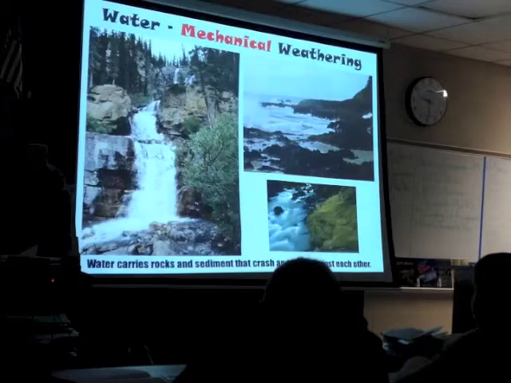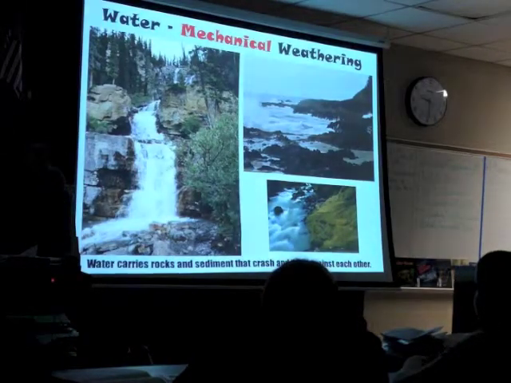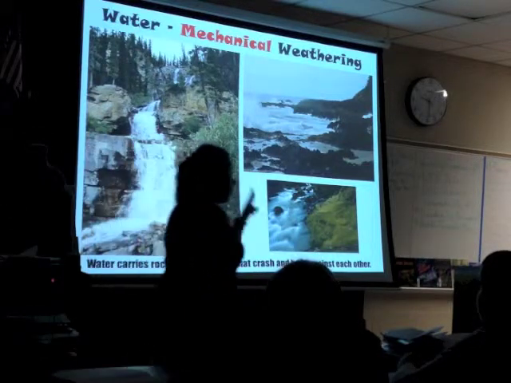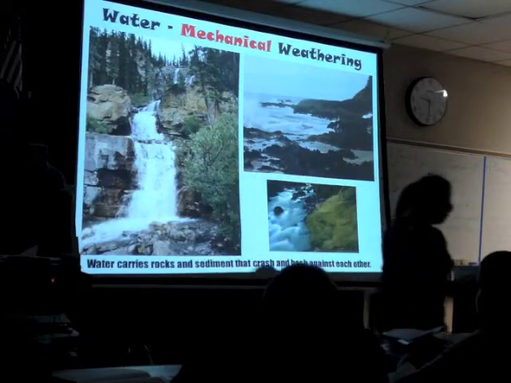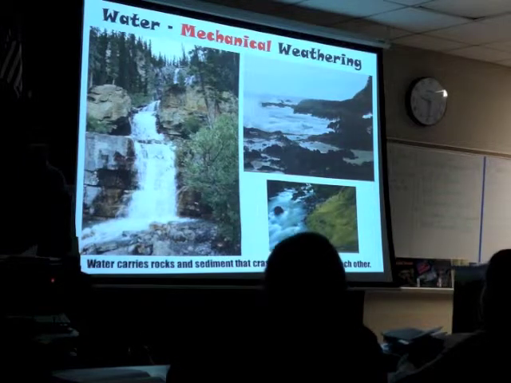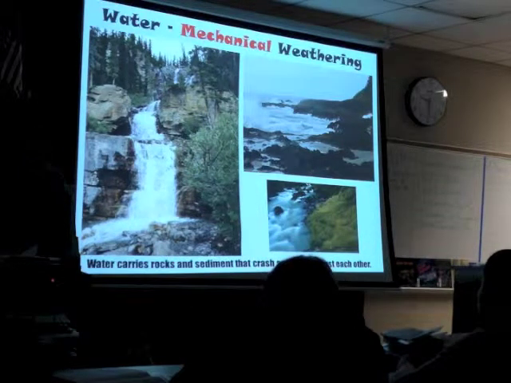So, let's look at different types of weathering. Like I said, there are two types of weathering. Mechanical, which can also be called physical, and chemical. So mechanical weathering, water is a way to create mechanical weathering.